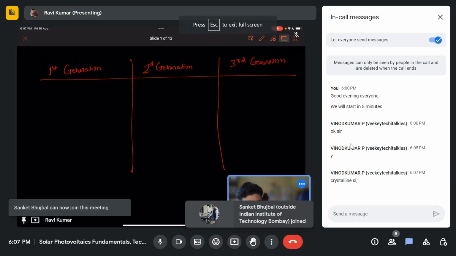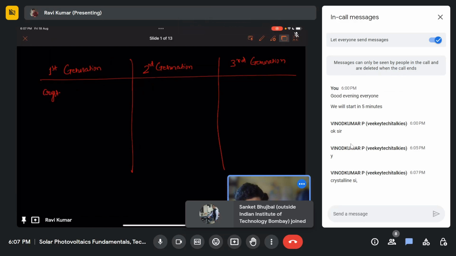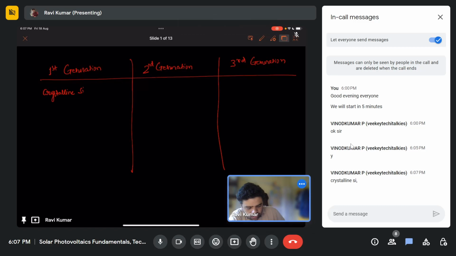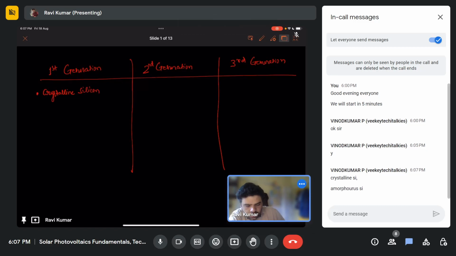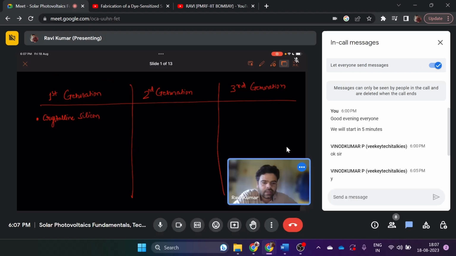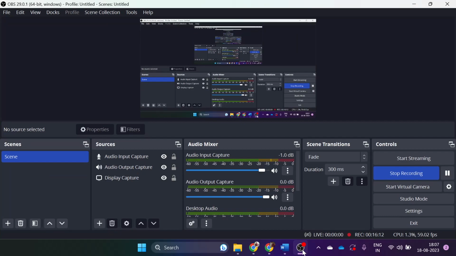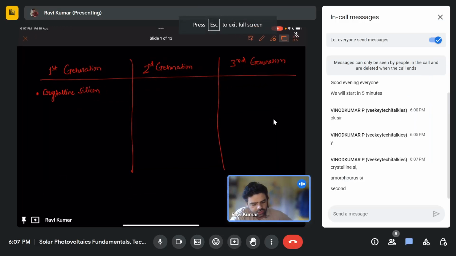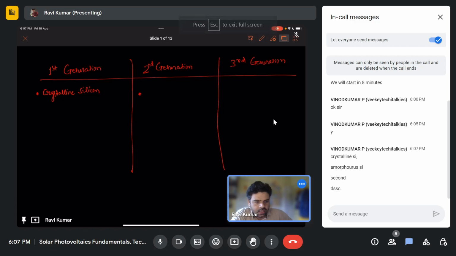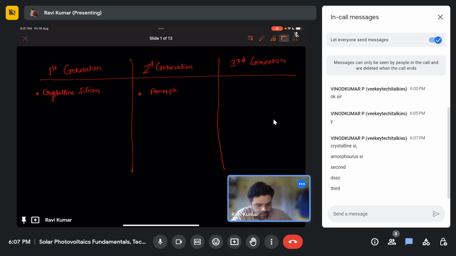Yes. Amorphous silicon, which generation? Second. So in the second generation we have amorphous, and DSSC, dye sensitized solar cell.